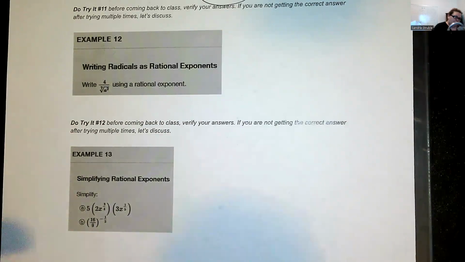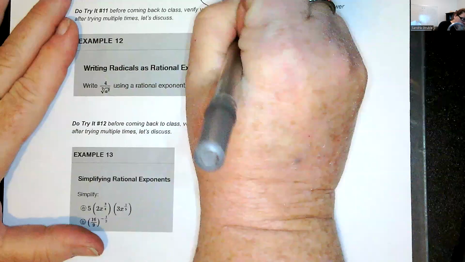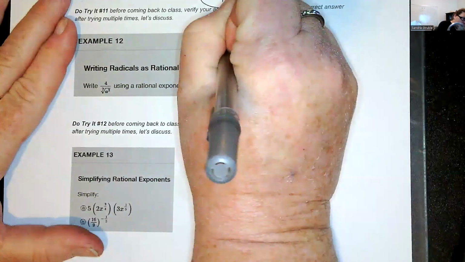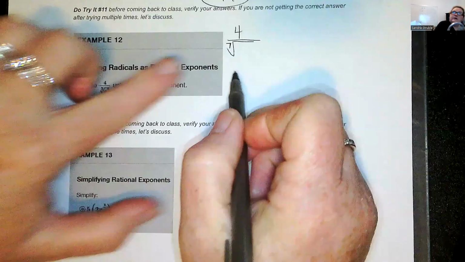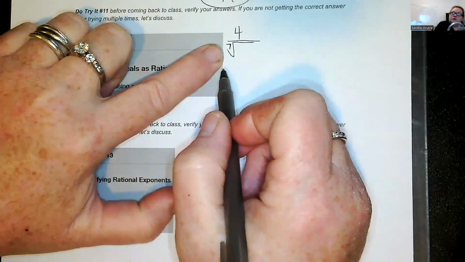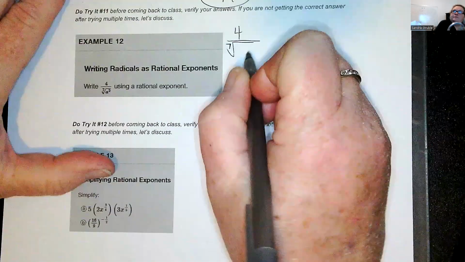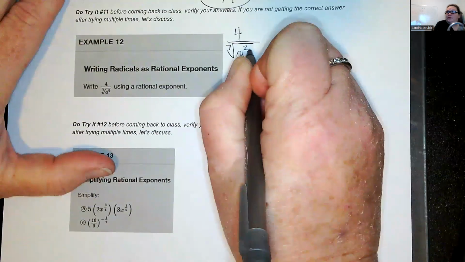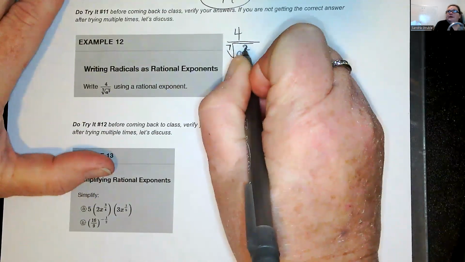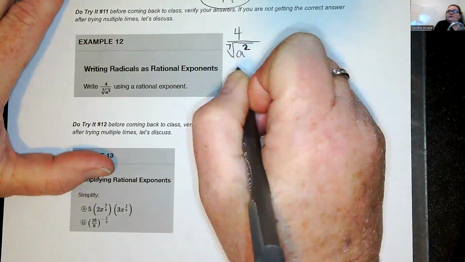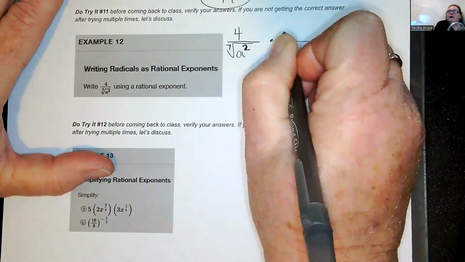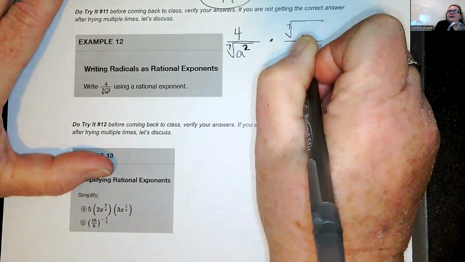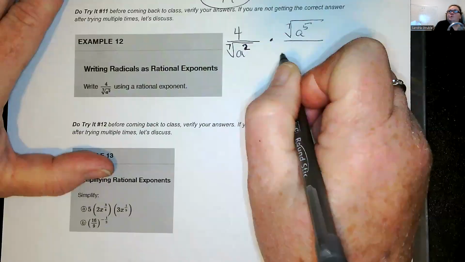So we're going to have to do something a little different here. What you need to understand is you have to have 7 of something in order to get rid of this radical. And currently we only have 2. So how do we make this 2 into a 7? Well, we're going to have to multiply by the 7th root of a to the 5th. And I'll show you why.